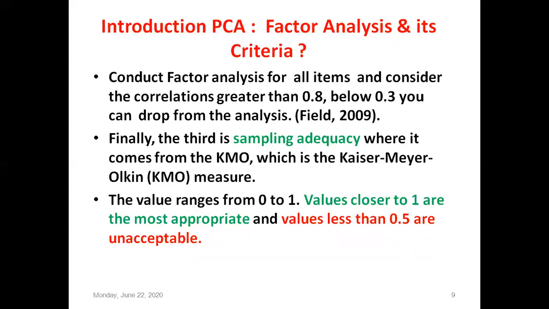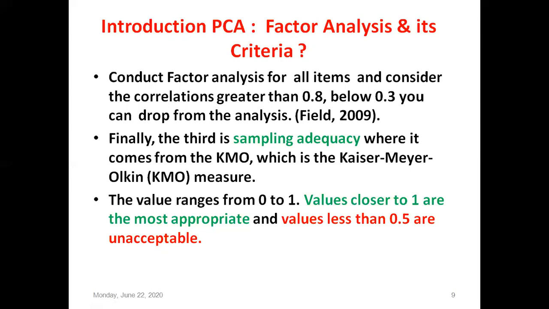Finally, the third one is the sampling adequacy. Of course, the sampling adequacy can also play a vital and significant role. It comes from the KMO, that is the Kaiser-Meyer-Olkin measure. This will tell you whether your sample is adequate or not. The values for the KMO measure range from 0 to 1.